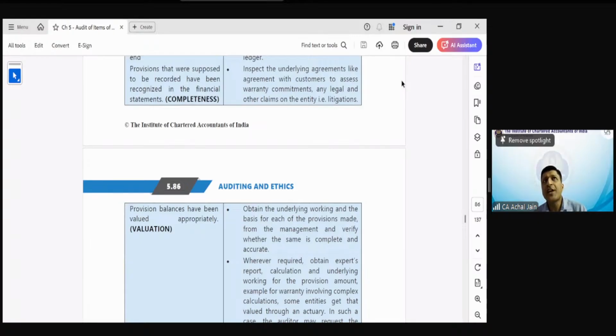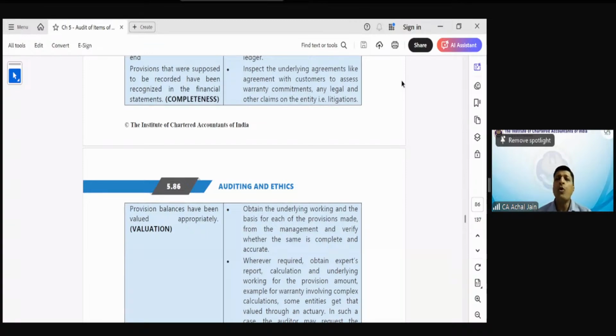Objective is to check the valuation, accuracy, and completeness. Why? Let's suppose a provision for warranty has been created.